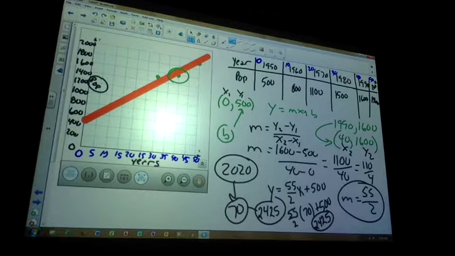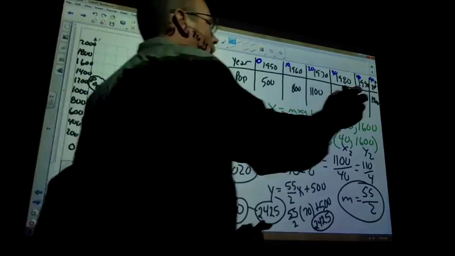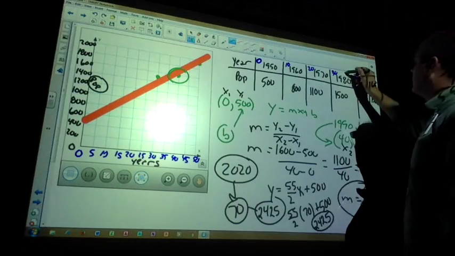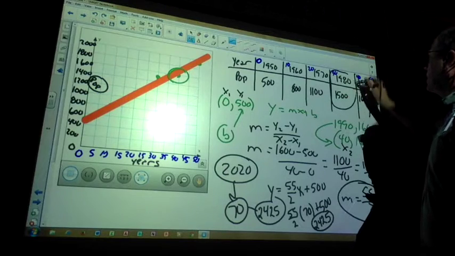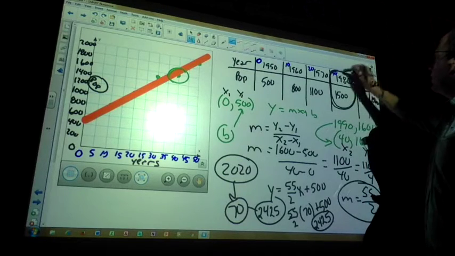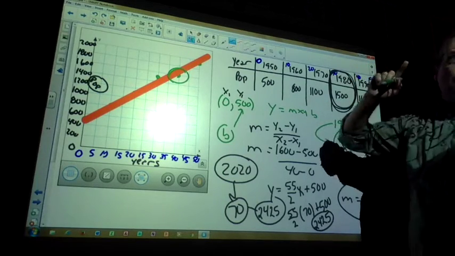And then, according to our model, in which year did the population reach 1,500? It happened in 1980. Good. Okay, so this right here seems to answer our question. Agree?